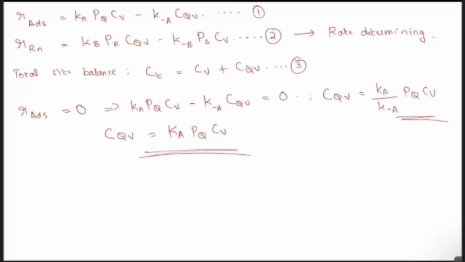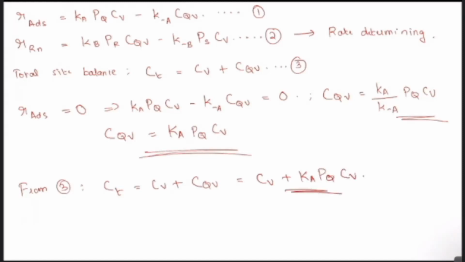Now what we can do is find the term for CV by using the site balance. From equation 3, the site balance CT will be CV plus CQV. And we can substitute for CQV as Ka into PQ into CV.